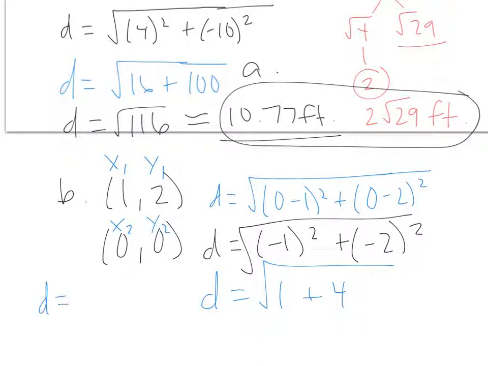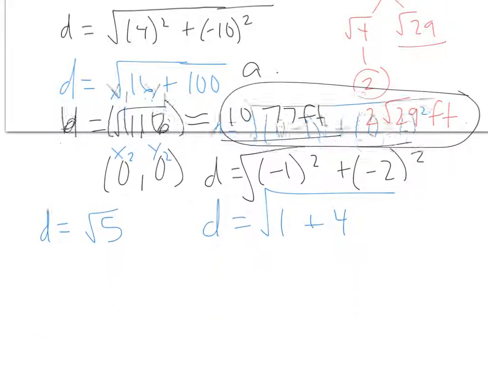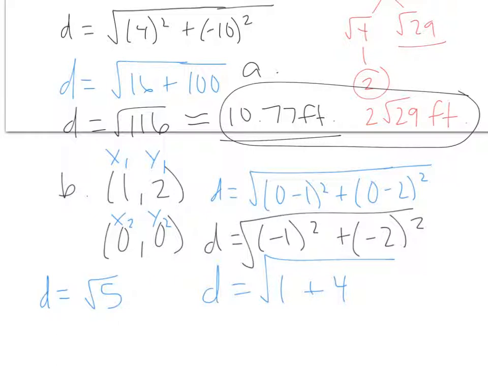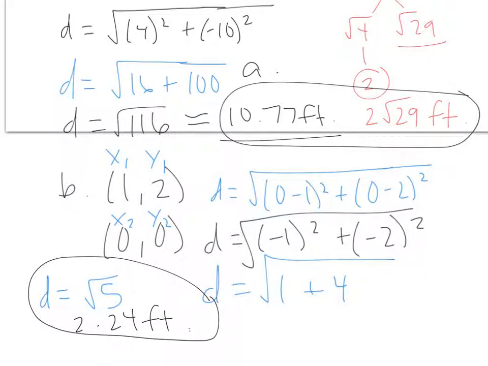So here, my answer could be square root 5. Or if I decide to figure out what that simplifies to, that would be 2.24 feet. So I could choose either one of those for my answers. And I can't break down 5 because there's no perfect square that goes into 5. So I could say square root of 5 or 2.24 feet could be an acceptable answer.